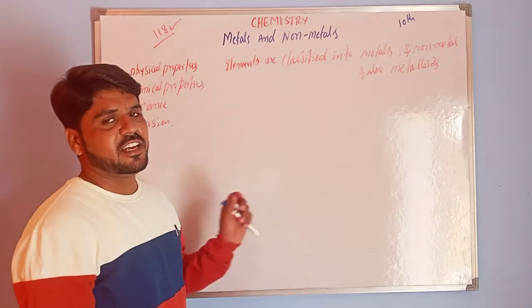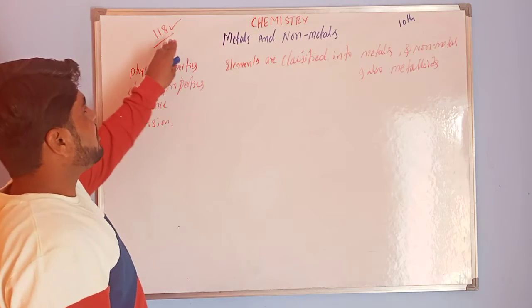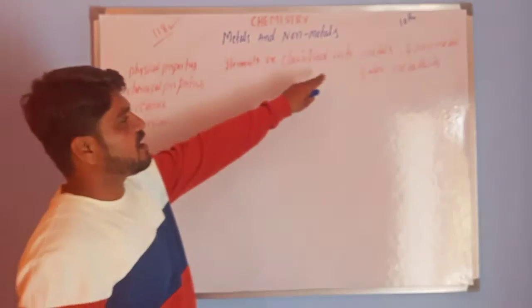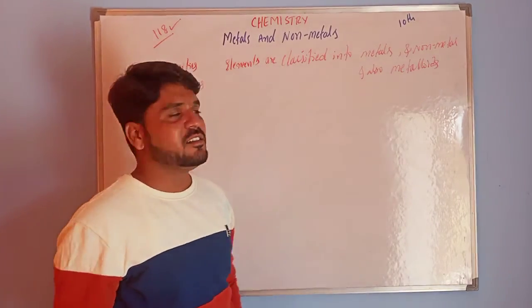In those 118 elements, the elements are classified into metals, non-metals, and also metalloids.